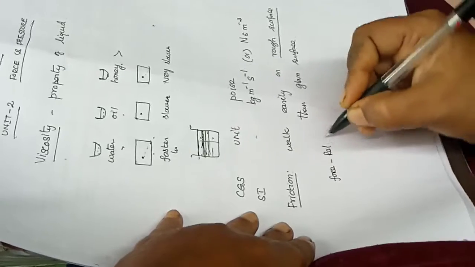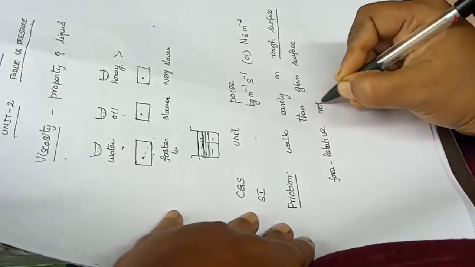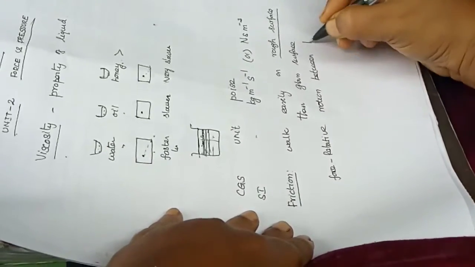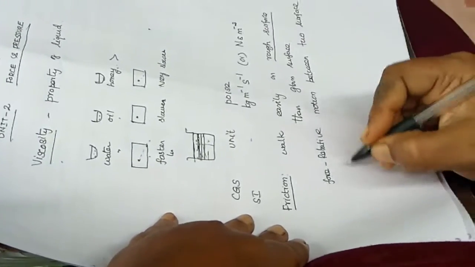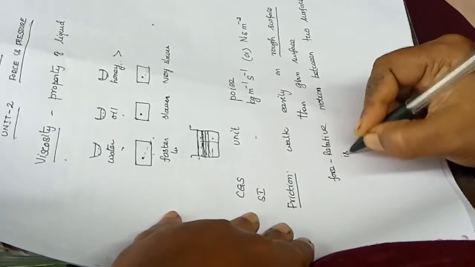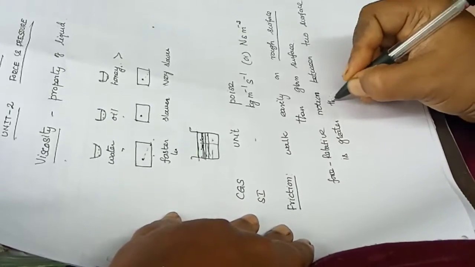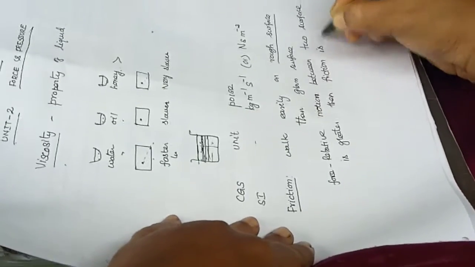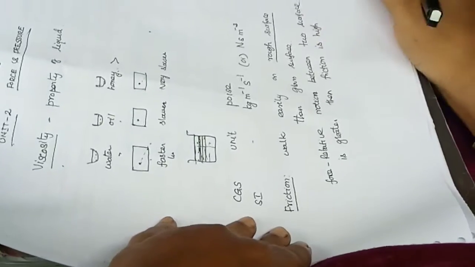Friction is the force between two surfaces in relative motion. If this relative motion is greater, then friction is there, and friction is high.